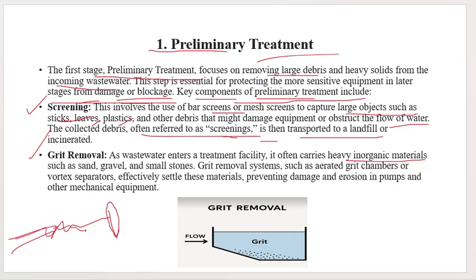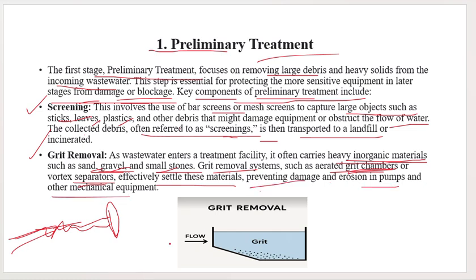Along with the water, it carries lots of pollutants, such as heavy inorganic or organic materials like sand, gravel, and small stones. Grit removal systems, such as an aerated grit chamber or vortex separator, effectively settle these materials. The solid gravel, sand, and small stones settle down at the bottom of the chamber. This prevents damage and erosion in pumps and other mechanisms.